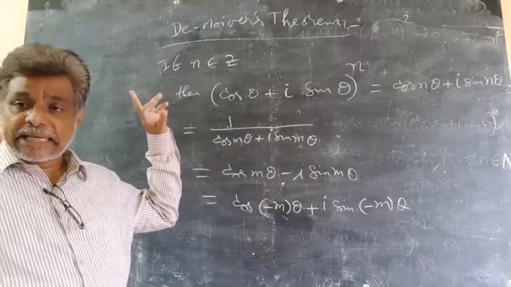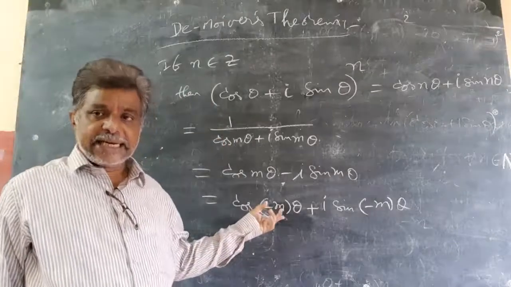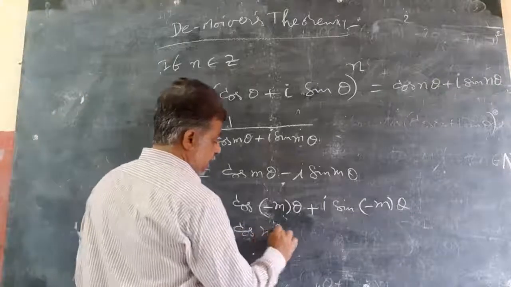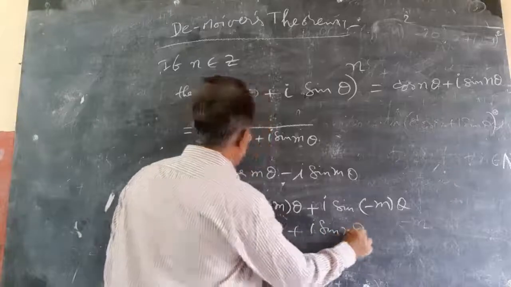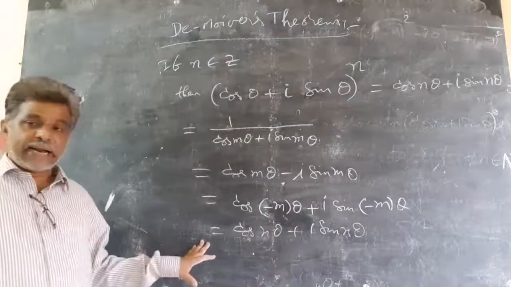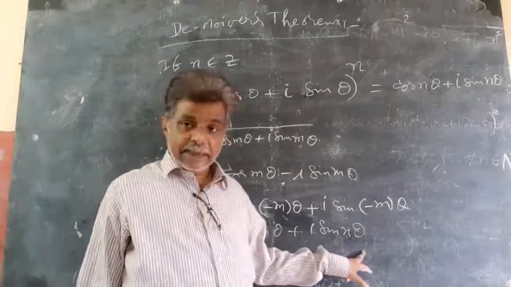So minus m I can write as n itself. So this is equal to cos n theta plus i sin n theta. So what I got: cos theta plus i sin theta whole power n, if n is negative, is cos n theta plus i sin n theta.